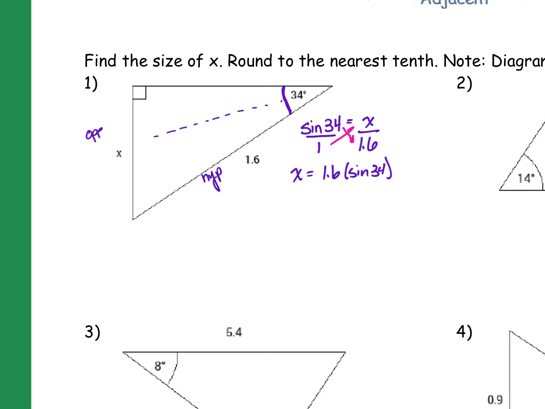If you have an Apple phone, you probably would do 34 sine and then times 1.6. Okay, so you'll get the right answer. I don't know how the Android phones work. That's why I just use Desmos, because I know how that calculator works.